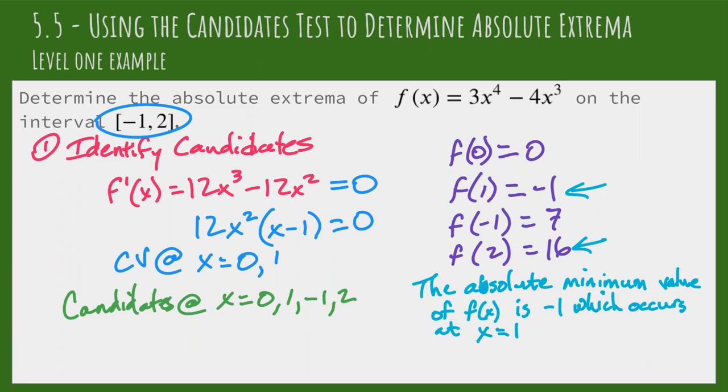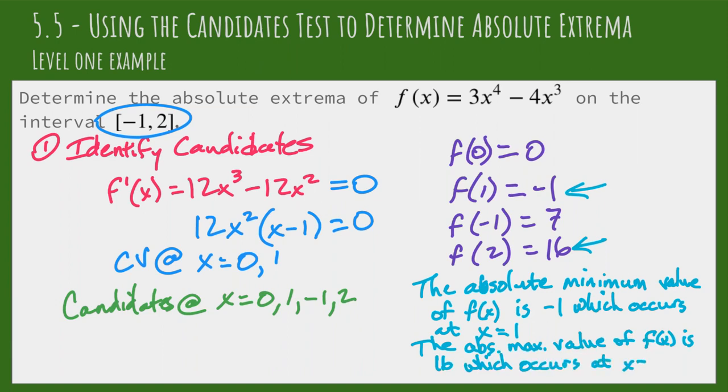Then on the other hand, for the max, we have the absolute max value of f of x is, so the maximum value is 16, which occurs at x equals 2. So notice that one of these is occurring at one of the interior points and one of them is occurring at one of the endpoints.